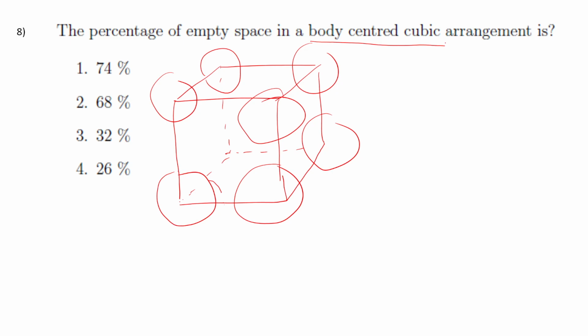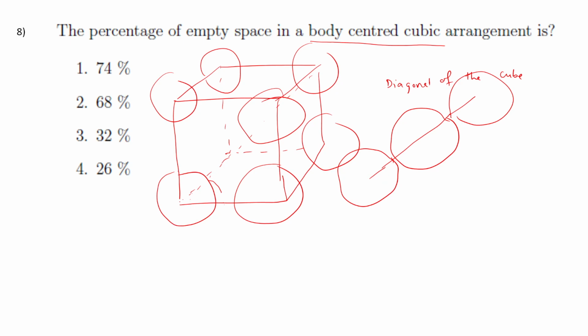In a body-centered cubic arrangement, what you have to do is fill the diagonal with spheres. Let's say this is the diagonal of the cube. The diagonal of the cube has to be completely packed.